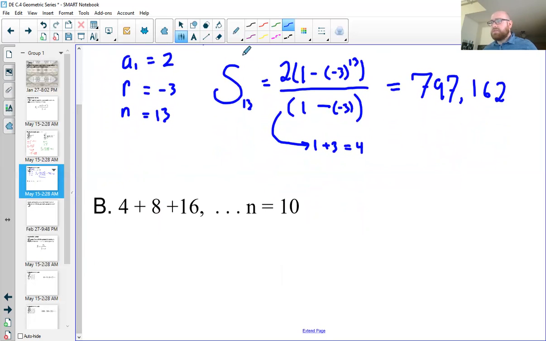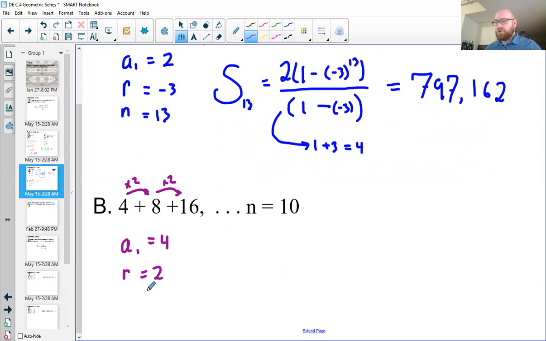Let's look at example B. So here we have A1 is equal to 4. It's the first term. R, well, it's times 2, times 2. And so R is equal to 2.